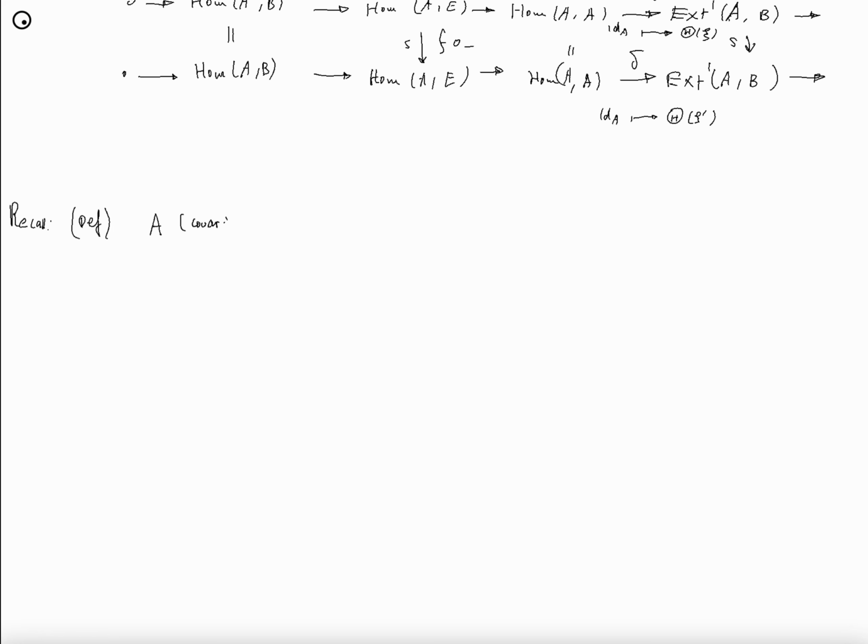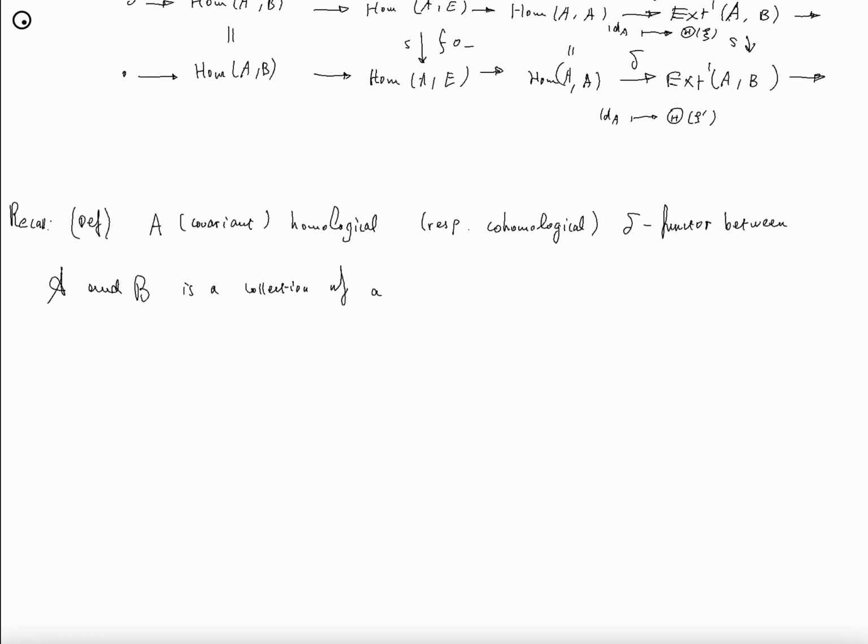A covariant homological, respectively cohomological, delta functor between two categories, A and B, is a collection of additive functors denoted by T_n, respectively T^n, I put it on the upper index to denote the cohomological functors, where n is bigger than or equal to 0.